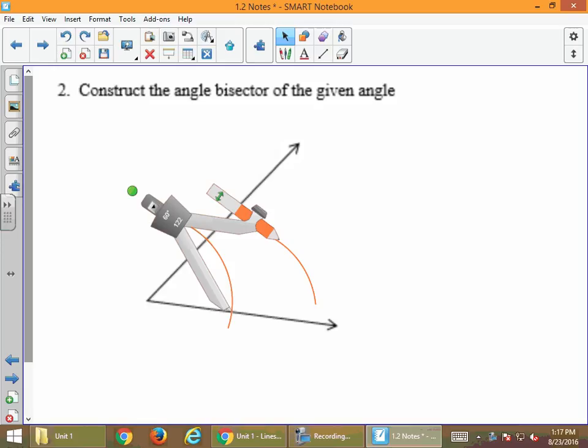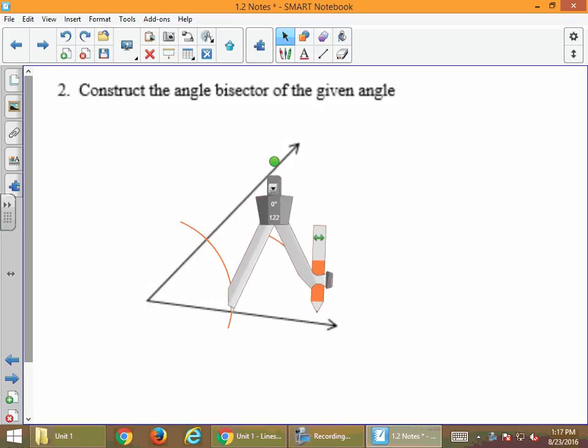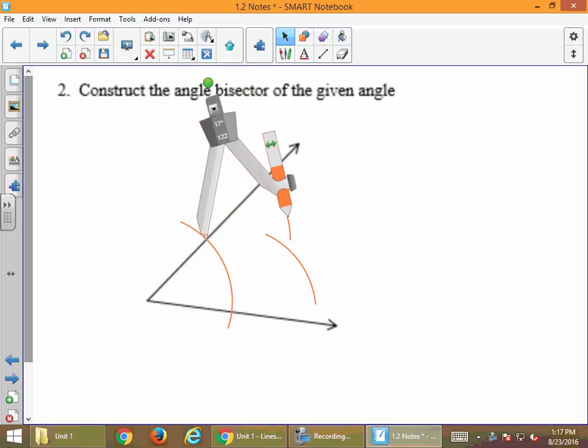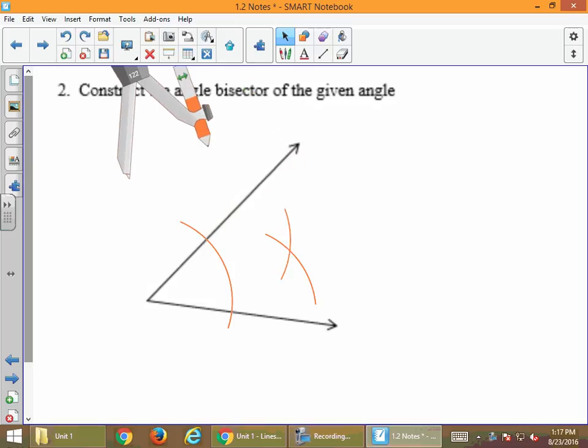Then I'm going to go up here and put it on that other intersection. If it's not in the middle, that's fine. It's going to intersect once you see the next mark. Then the next one, connect it, and they should come together. Yep, there you go. Come down a little bit, and they'll intersect in the middle right there.